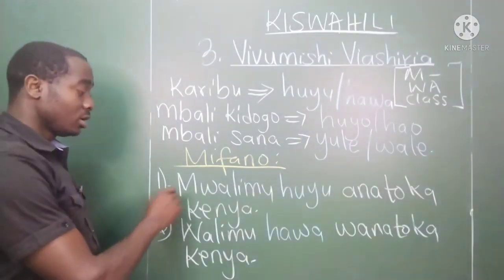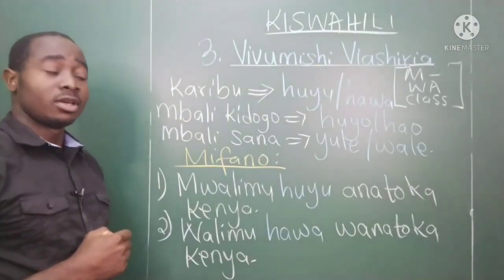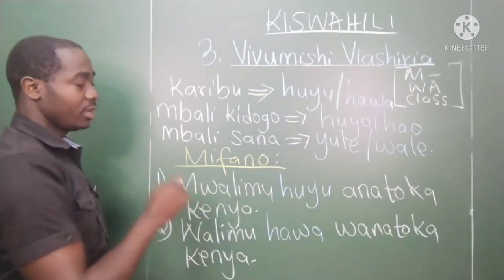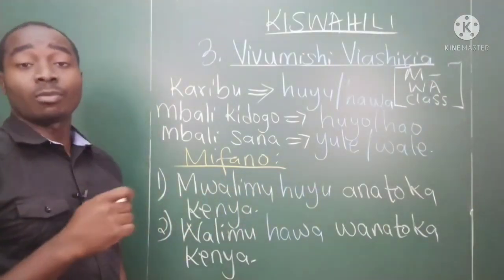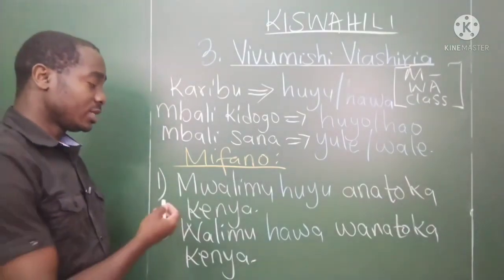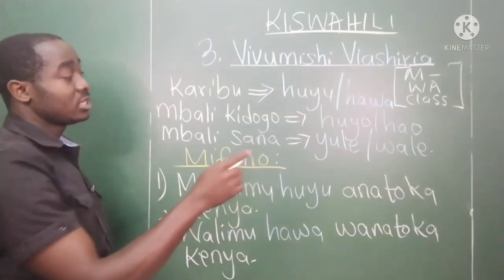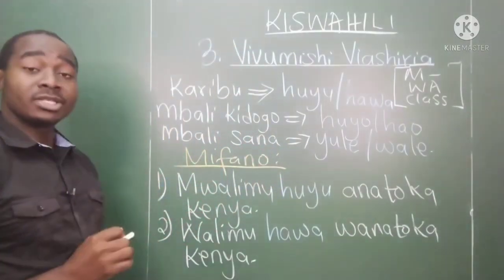The first one, mwalimu huyu anatoka Kenya. This teacher is from Kenya. When I say huyu mwalimu anatoka Kenya, then this one doesn't become vivumishi, doesn't become an adjective.